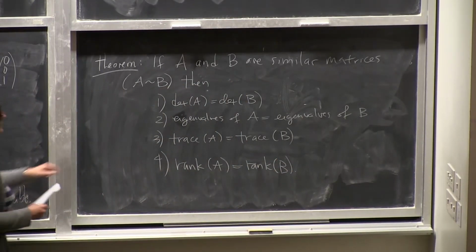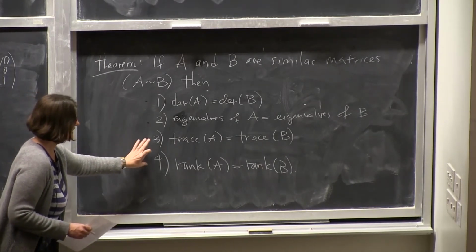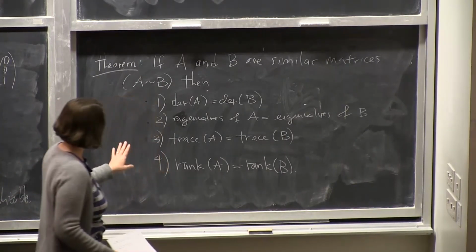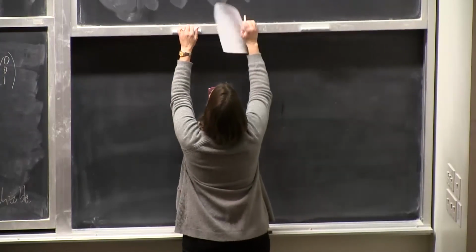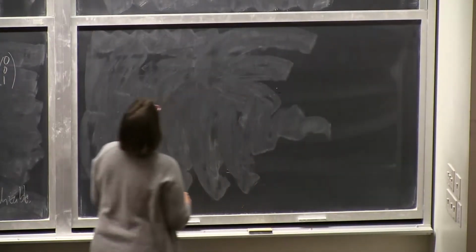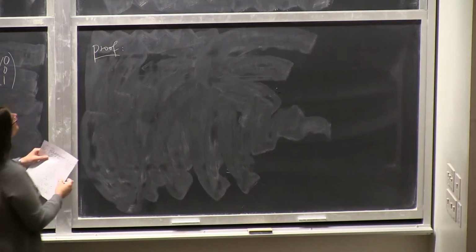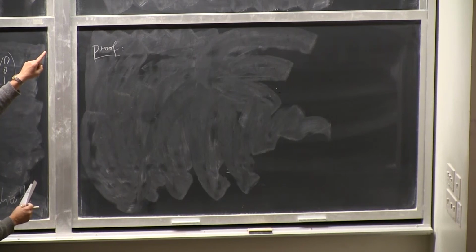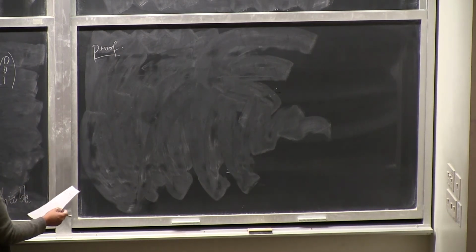So let's prove this, and then I will wave. I'm not going to prove all of those, although proving the trace would actually take about 2 minutes. And notice, did I require that B is diagonal? Or did I just require that A and B are similar to each other? They're similar to each other. It happens that when a matrix is diagonalizable, it is similar to the diagonal matrix.